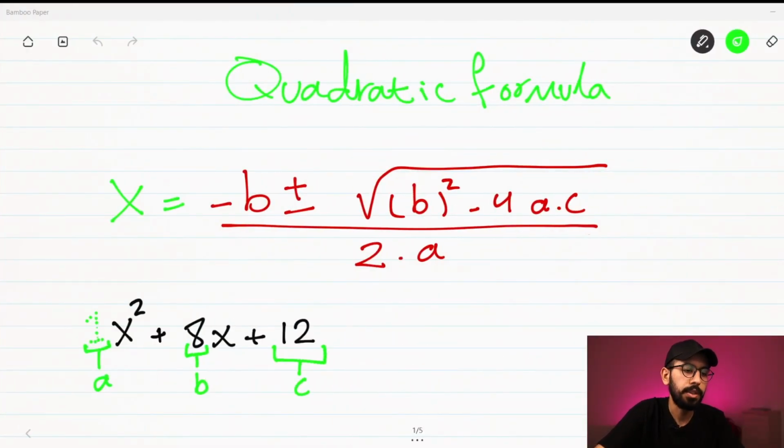The first thing we need to do is explain what the quadratic formula is and what it contains. We have minus b. What is minus b? b is the second number, or the second variable, we have here.